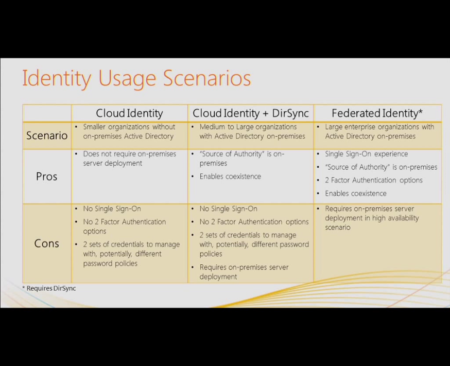So implement DirSync, that is a prerequisite, and also build the ADFS infrastructure to enable the single sign-on access between your company and Office 365. So here, in the third column, we will have the same username and the same password to access Office 365. Make sense? Yeah.